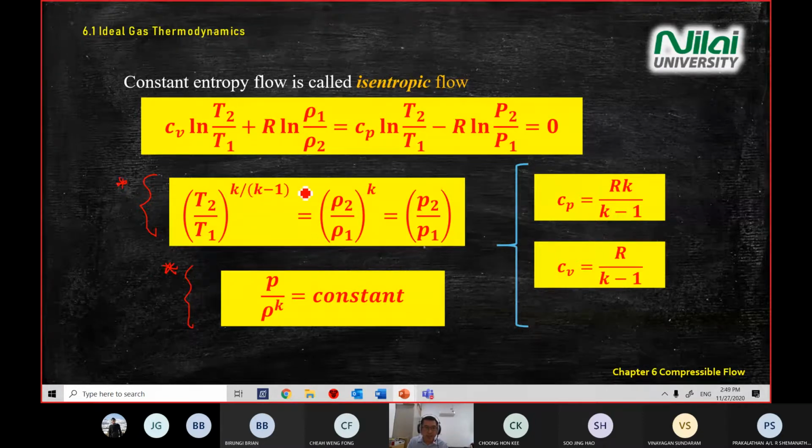You can convert this into either density or pressure by using this equation. So you can see from here that temperature ratio and pressure ratio differ by the exponent K divided by K minus 1. So if you want to compare temperature and density, for example, this is the temperature ratio and density ratio.